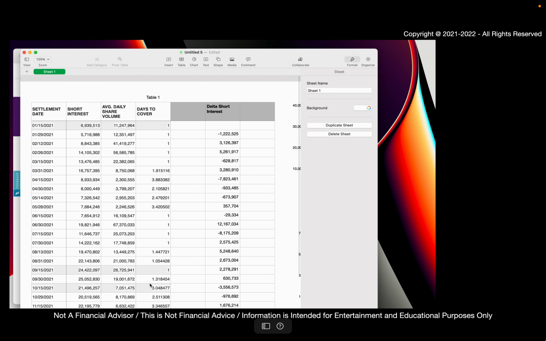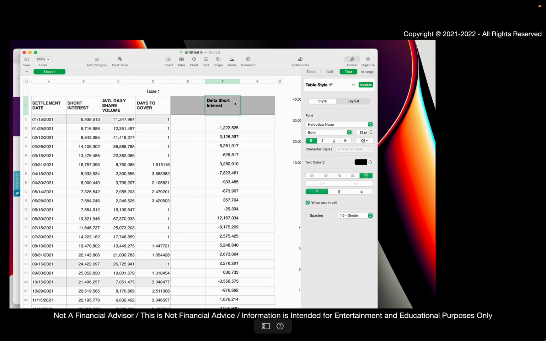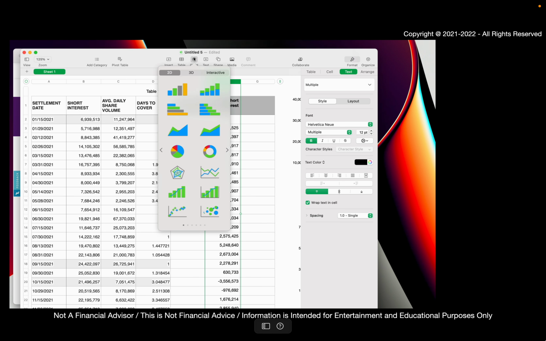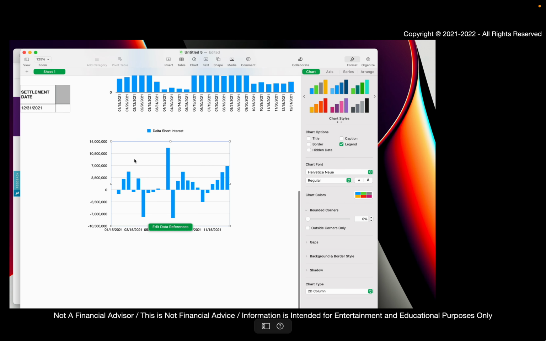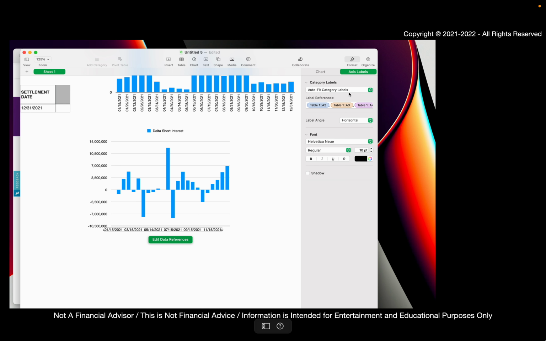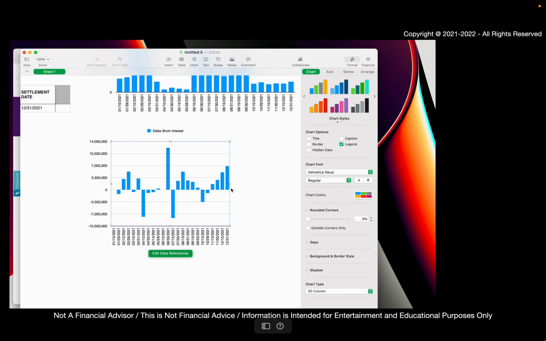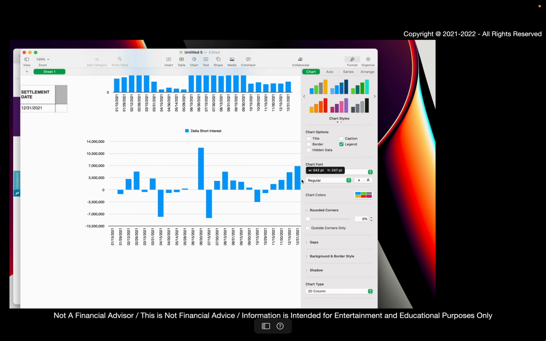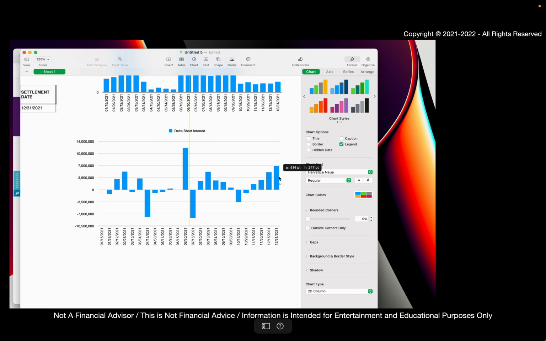And finally, let's look at the delta data, and we'll just grab all that. Select it, and we'll make a chart. There we go. That's all the delta. We'll fix the labels on the x-axis by making that left vertical, and we'll stretch it out so it's the same size as everything else.